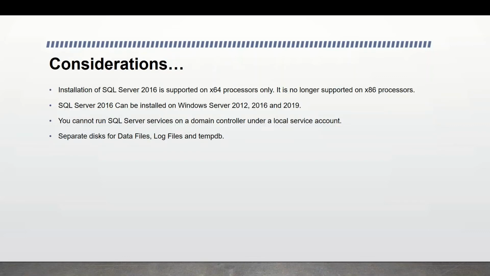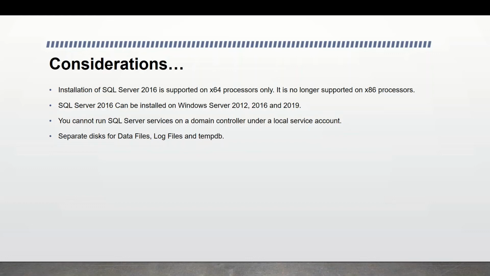There are some considerations which we should care about when we are installing Microsoft SQL Server. First is that installation of SQL Server 2016 is supported on x64 processors only. What that means is that we can only install Microsoft SQL Server on a 64-bit machine, not on a 32-bit machine.